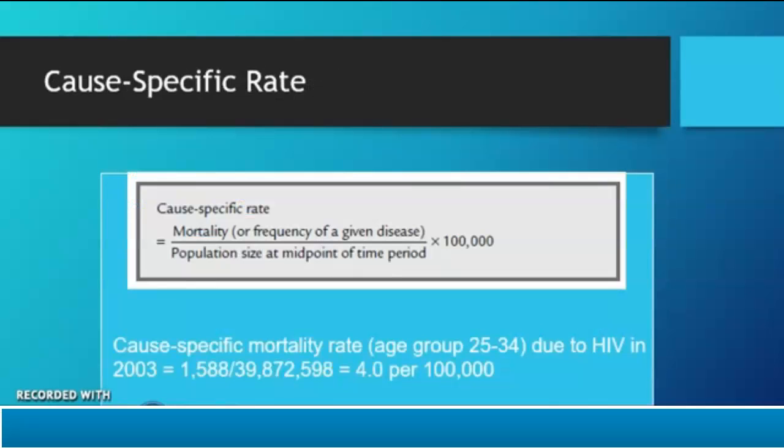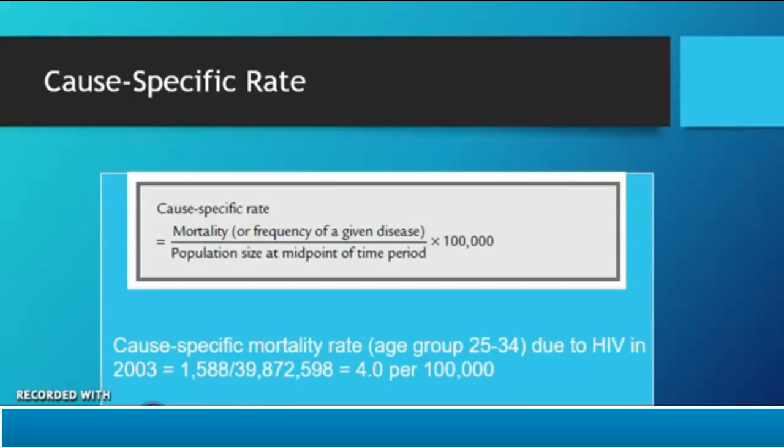Another very important calculation that you'll actually be doing in your assignment is cause-specific rate. Now, this is a mortality or frequency of a given disease over population size at midpoint of time period. So it's again part of a whole. And this is again done per 100,000.